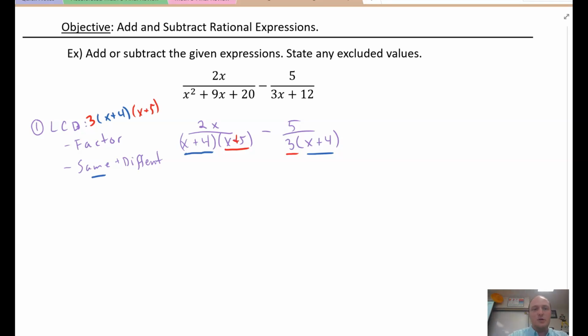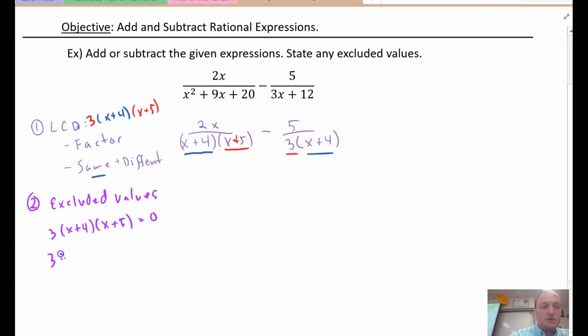Easy. Okay, so step 2: you need to find your excluded values. How do you find your excluded values? You take your denominator and set it equal to 0. That's what we talked about in the last video. So I'm going to take 3 times x plus 4 times x plus 5, set it equal to 0, and solve. 3 equals 0?